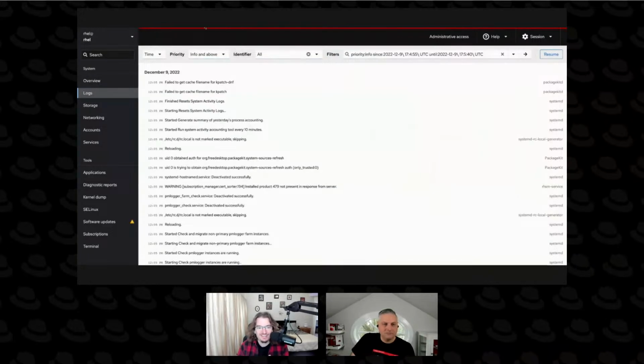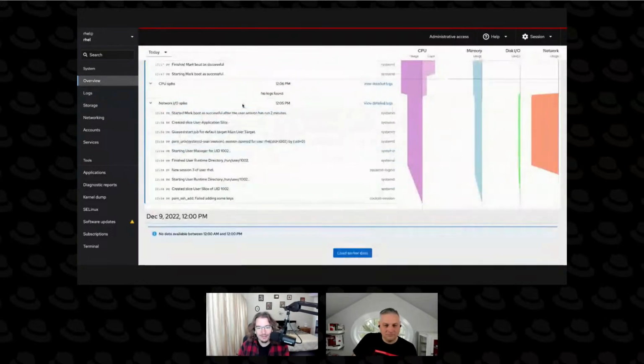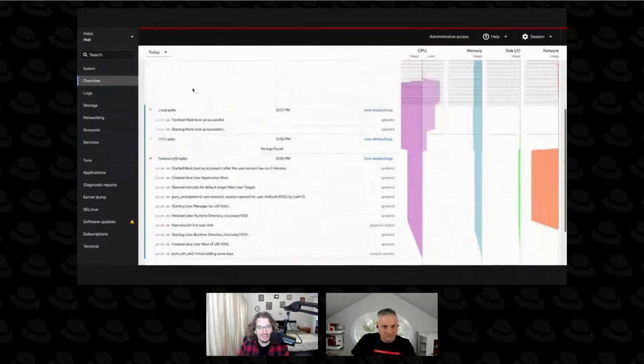So we can actually dig in a little bit deeper. You can change the time box. You can change the level of information, whether it's just info level or warning level, all the way down to say even debug level if you've got that enabled.